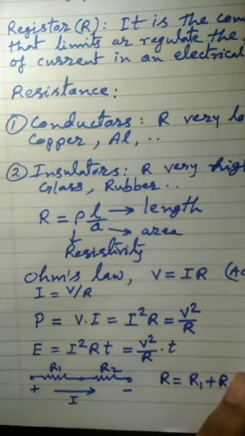The second type of connection is the parallel connection. Suppose there are two resistors of resistance R1 and R2, and they are connected in parallel, and the current is flowing.